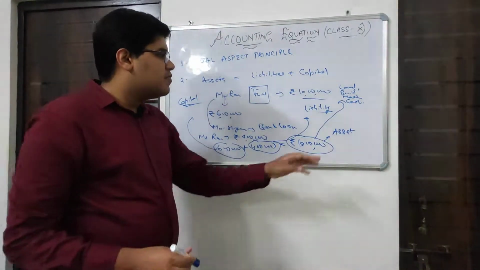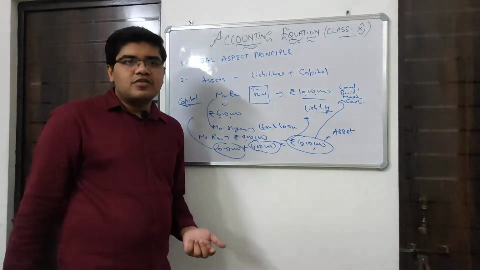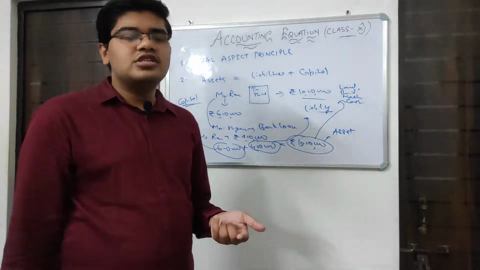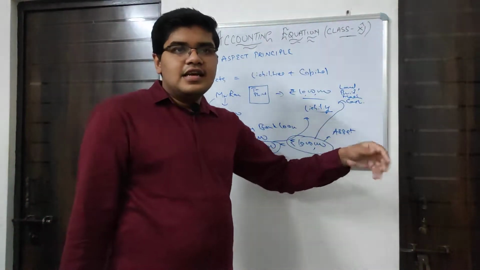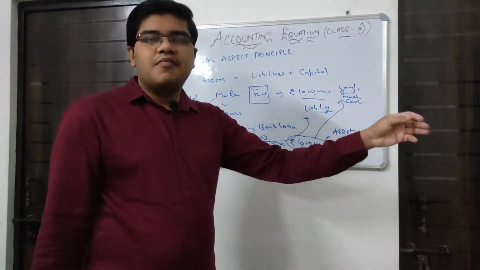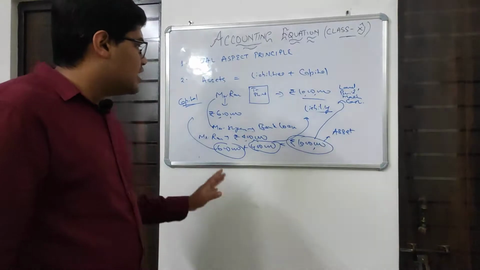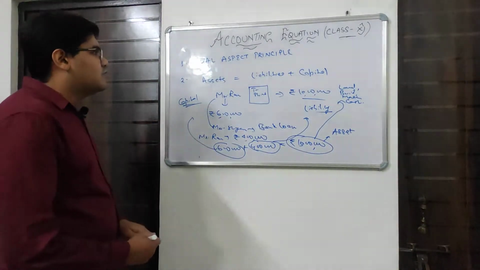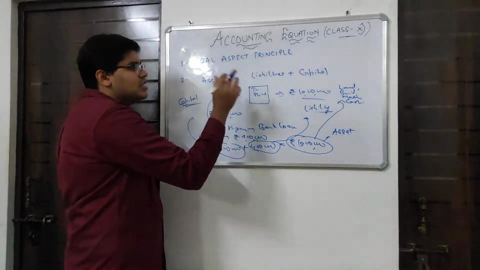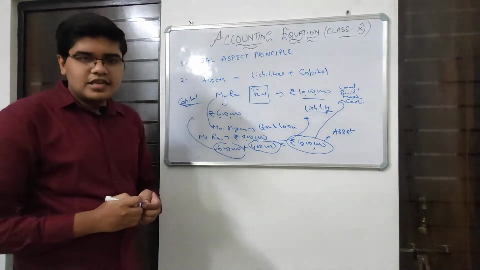So what do you mean by an asset? Asset is something which helps to start a business. In simple words we can say that asset refers to anything which gives cash or benefits. So here accounting equation is proved, that assets is equal to liability plus capital, as illustrated with the example. Hope so it is clear to you.